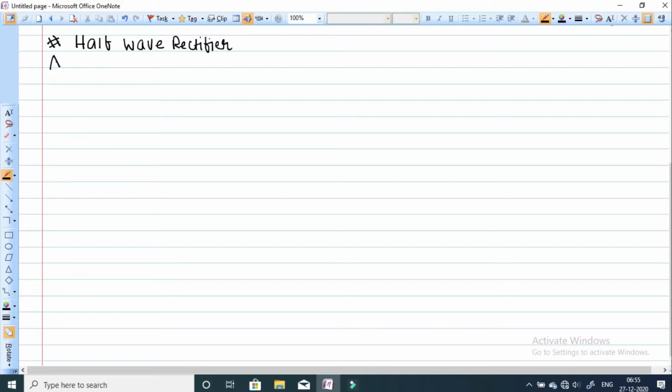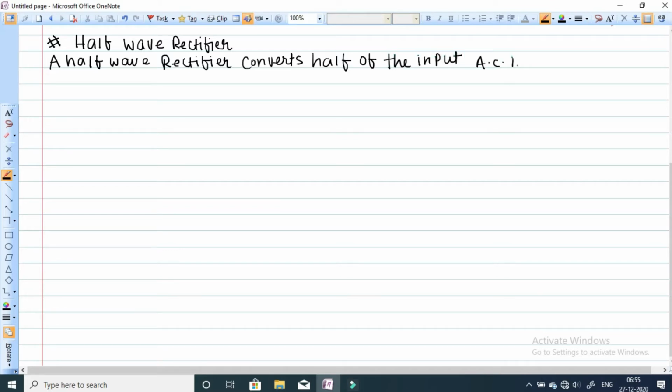A half wave rectifier converts half of the input AC, or half cycle of the input AC, into DC.